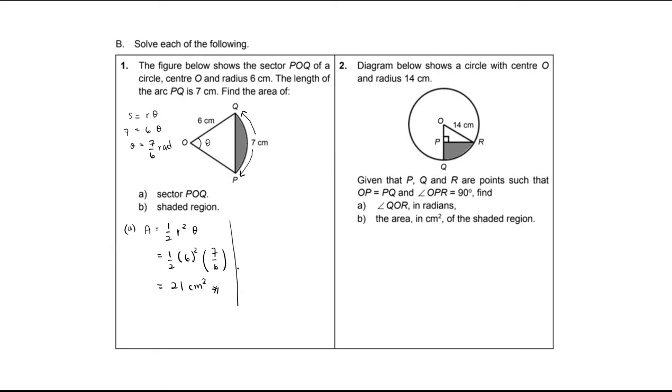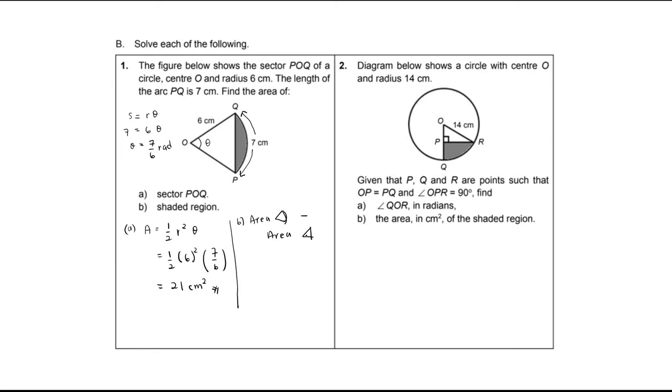And then part B. We want to find the area of the shaded region. So we know the area of the sector, 21 cm squared. Next, we have to find the area of the triangle. To get the area of the shaded region, it is the area of the sector minus the area of the triangle.